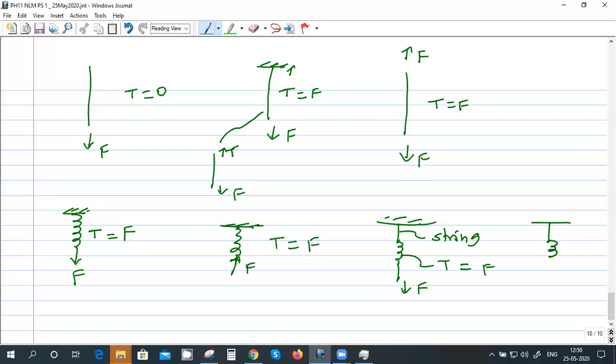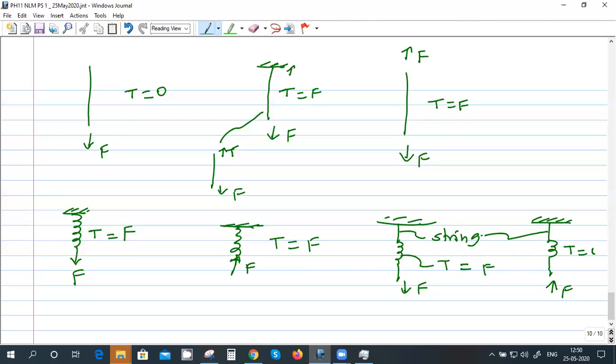Now the same thing: the rigid support, string, and then spring. Then I'm applying a force in the upward direction. Now what is the tension here? This is a string. F. Sir, F only.